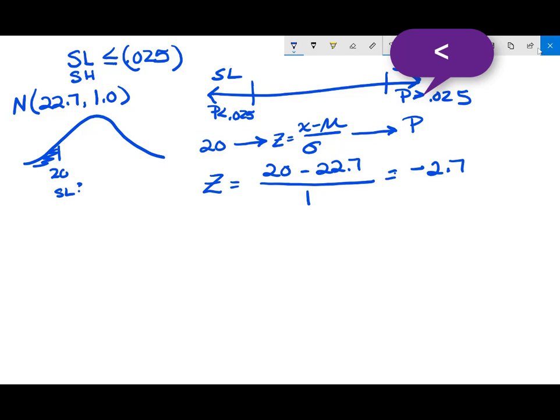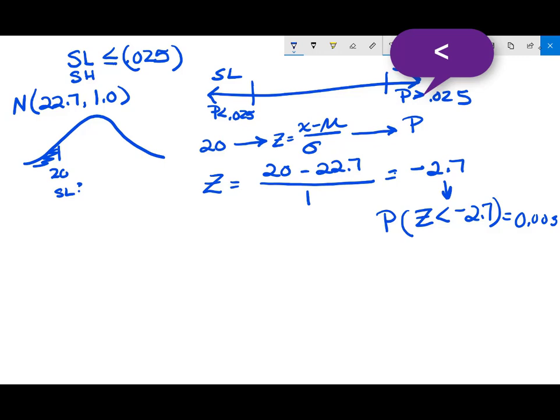And I want to find the probability, and I put in less, and so the probability that I can put it a couple different ways. Z is less than a negative 2.7 equals 0.0034667.